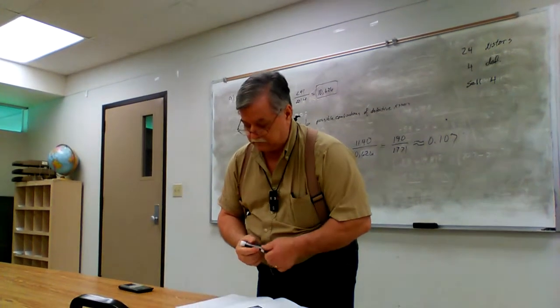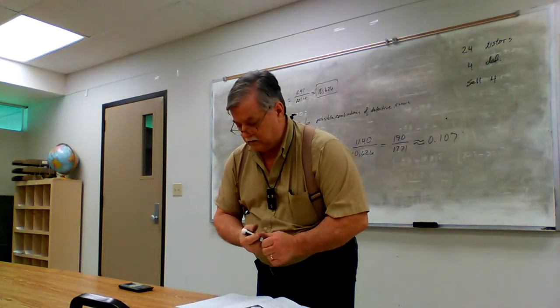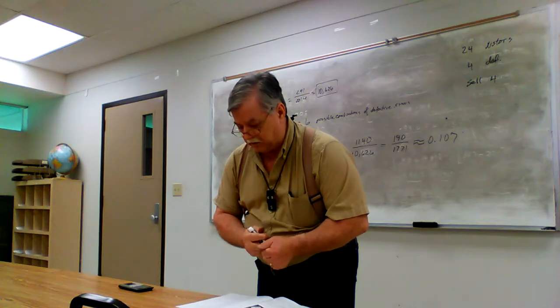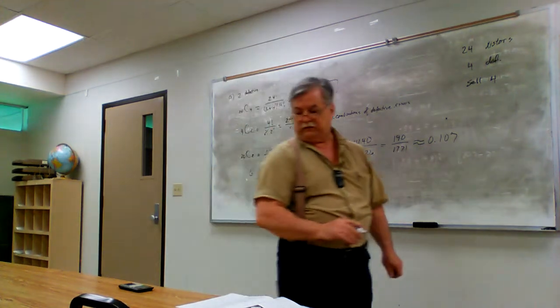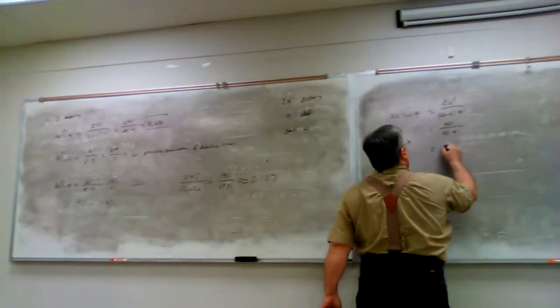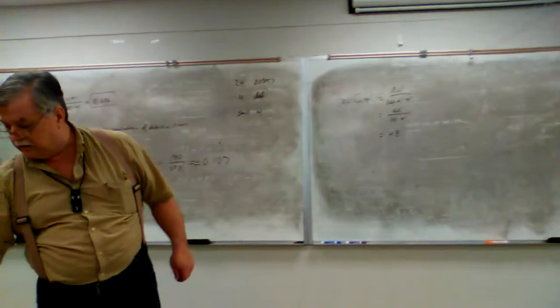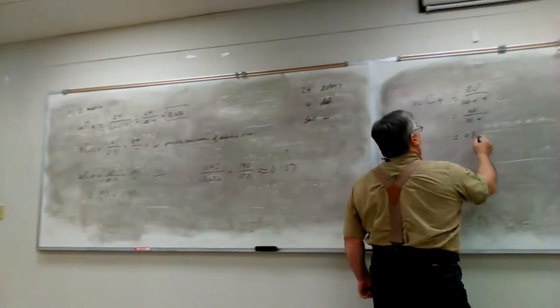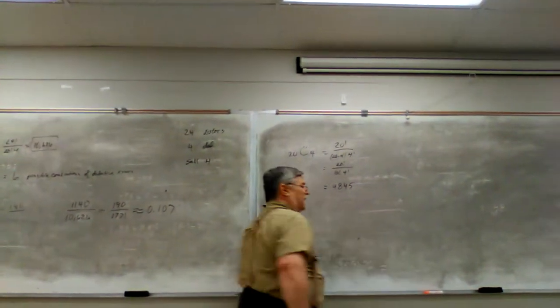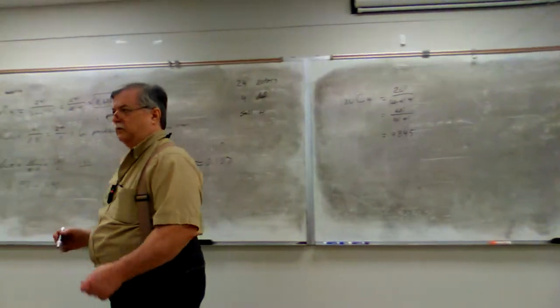And if you do the math, according to them, it works out to 4,845. 4,845 possible combinations of those 20 transistors.